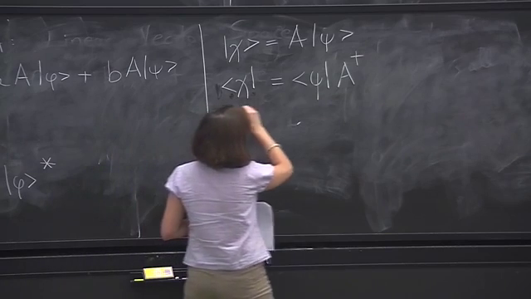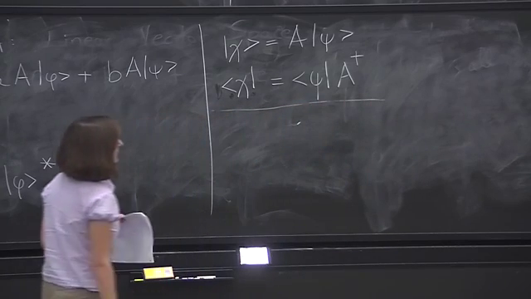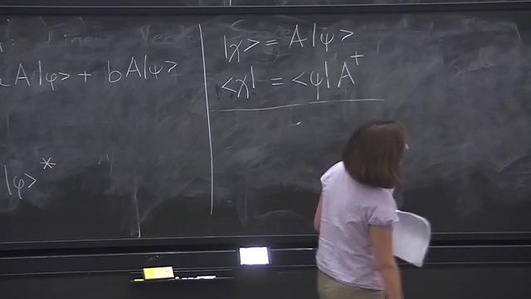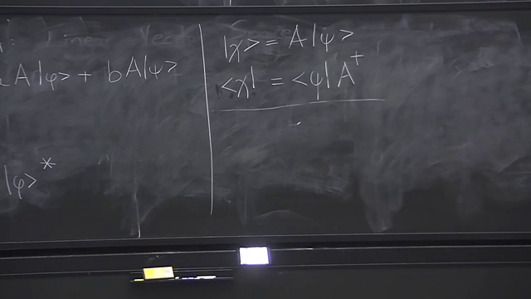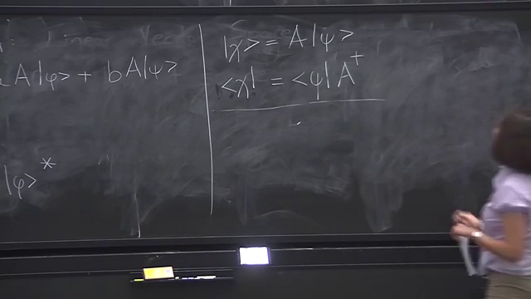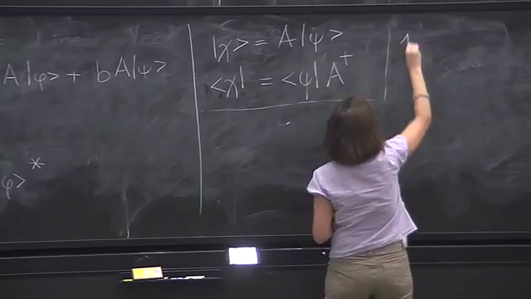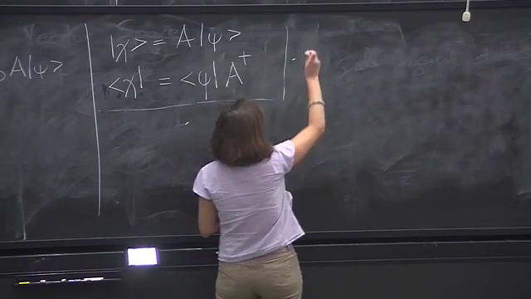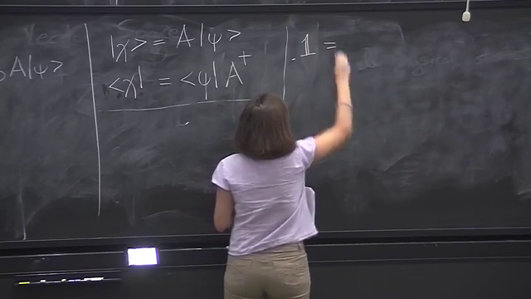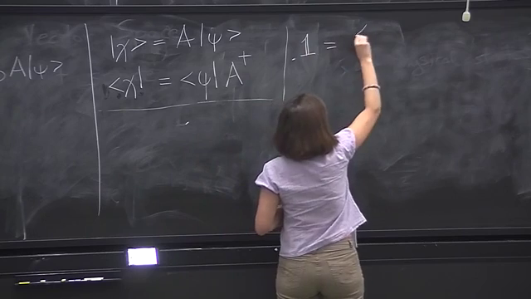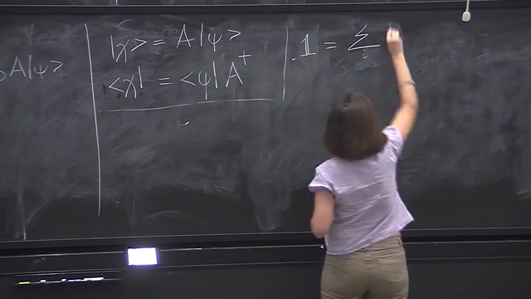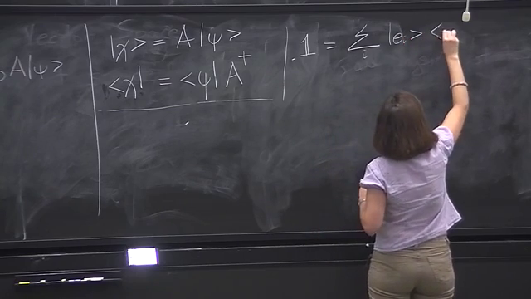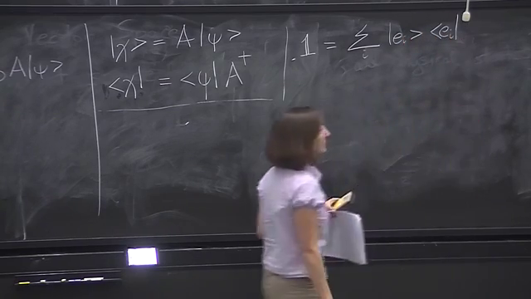Another useful relation that you will come across in quantum mechanics is that if you have a basis e_i, then you can always write the unity operator 1 as a sum over all i of |e_i><e_i|.